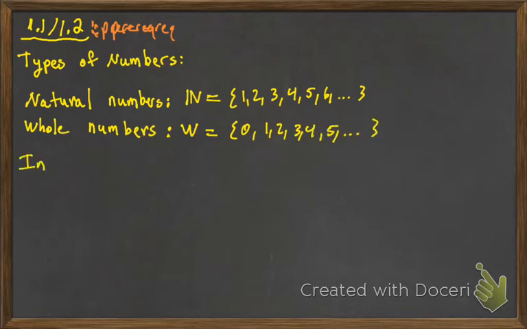Okay. Next one we're going to look at is what's called the integers, and that is the positive and negative whole numbers.